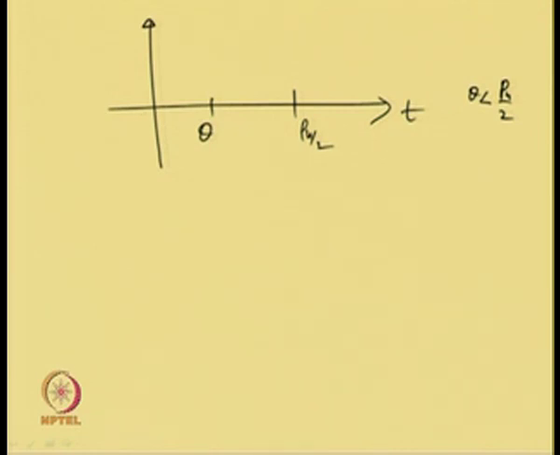Now, from time t equal to 0 to t equal to theta, the plot is governed by y(t) = x(0) + k h t. So, when time t equal to 0, it will be equal to x(0), some non-zero value.